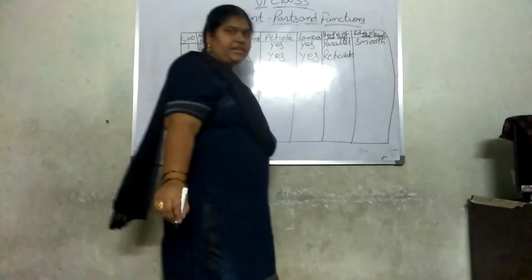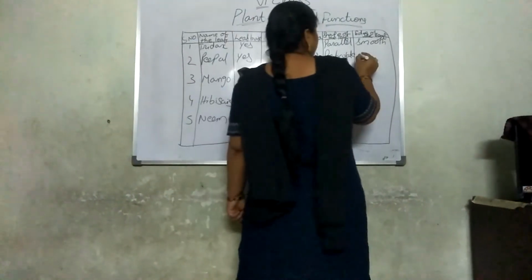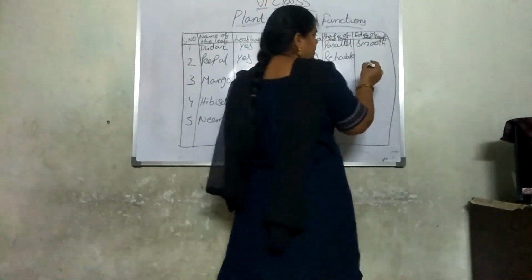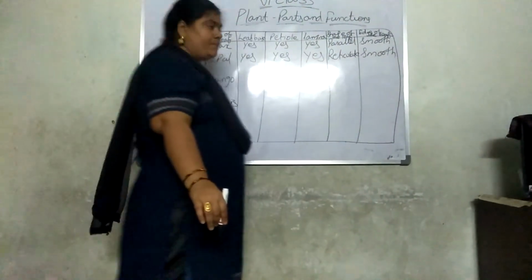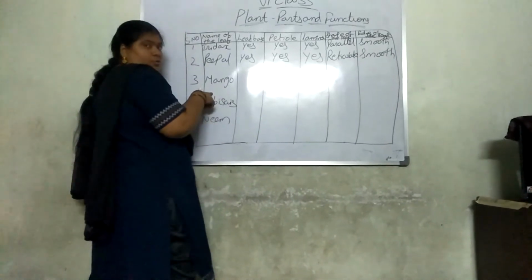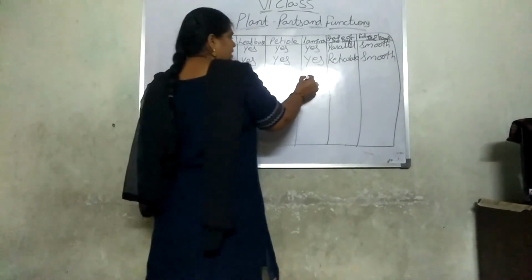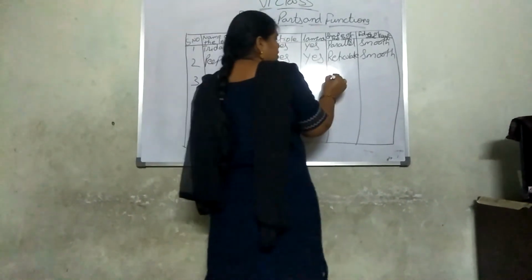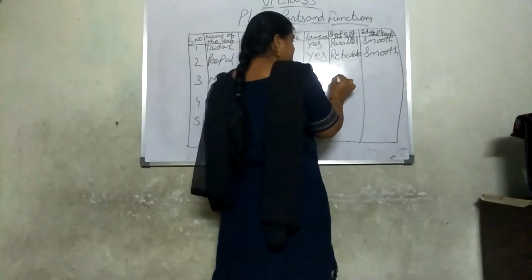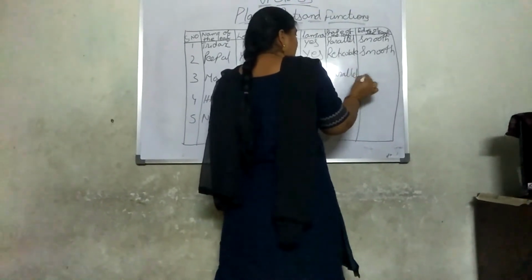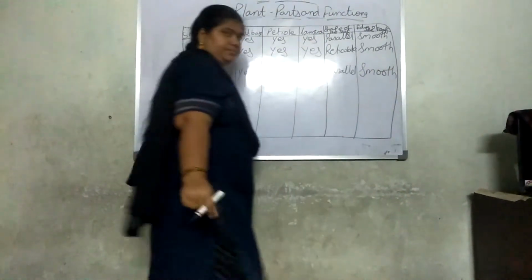What are parallel and reticulate? I will discuss that after this table. The edge of the leaf here will also be smooth. Next we are taking mango. Does mango have leaf base? Yes. Petioles? Yes. Lamina? Yes. The shape of the leaf is parallel, and the edge of the leaf will be smooth.